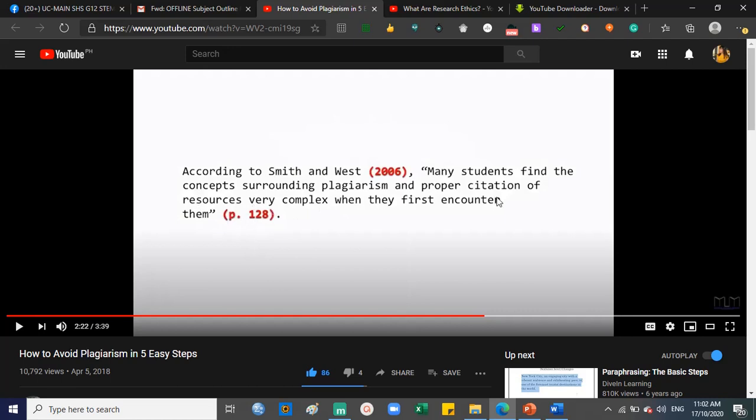Since this is a direct quotation, you did not paraphrase or anything, it has to have the page number. If it is indirect quotation, you would not need to cite the page number, but you need to cite the author and the year. And yeah, that was already discussed as well in Practical Research 1, the direct and indirect quotation. Please refresh that if you kind of forgot what is the difference between indirect quotation and direct quotation.